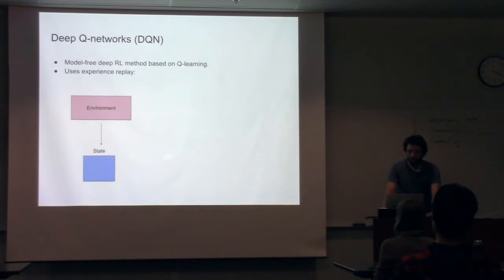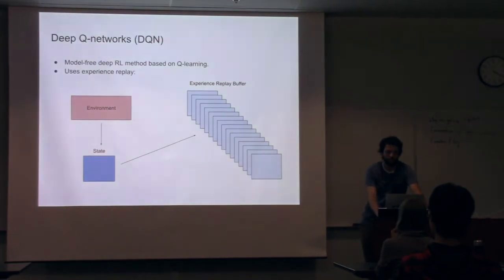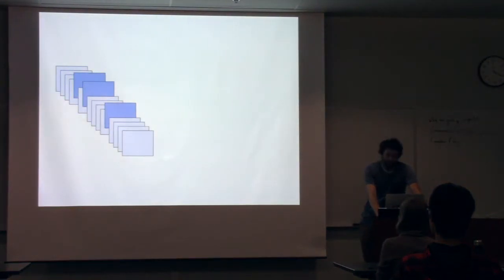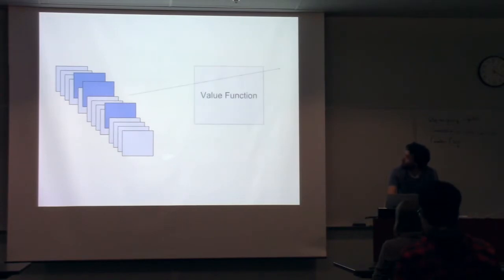But the agent doesn't use that information right away. Instead, it puts it into an experience replay buffer. Then later, at some frequency of steps, the algorithm selects a batch of states from the replay buffer and uses them to update the value function.